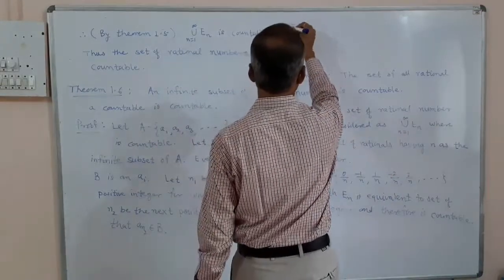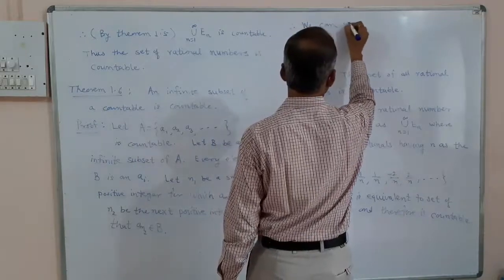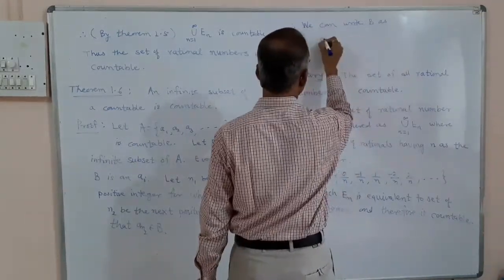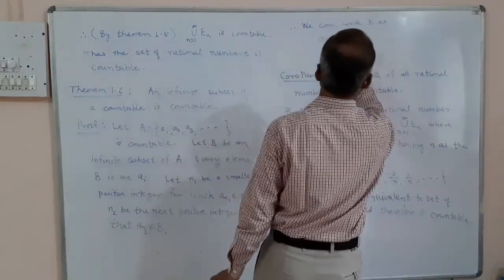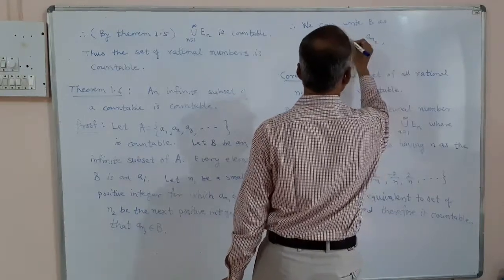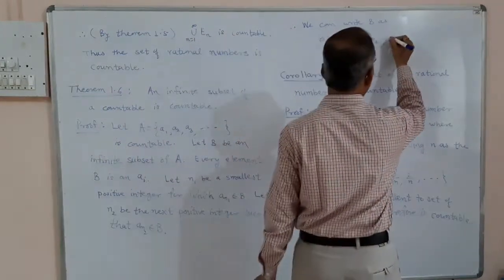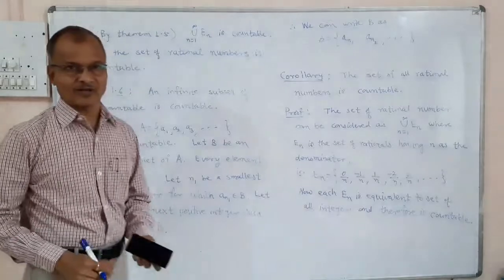So we can write B as B equals a_n1, a_n2, a_n3, etc. And thus the elements of B are counted.